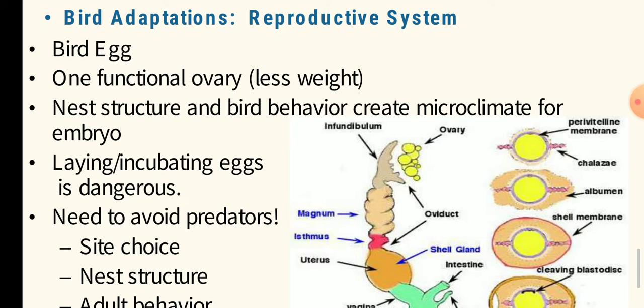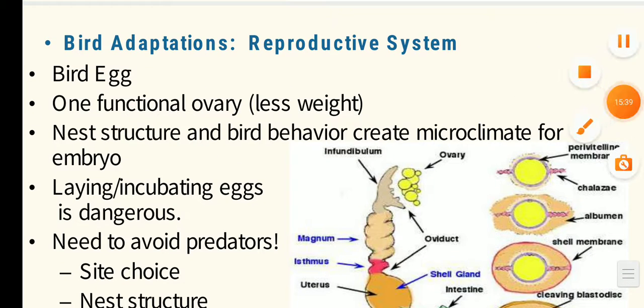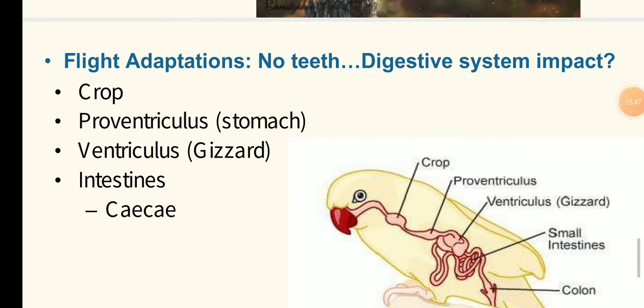The next adaptation is the digestive system. In flying birds, the rate of metabolism is very high, so the food requirements are great and the digestion is very rapid.